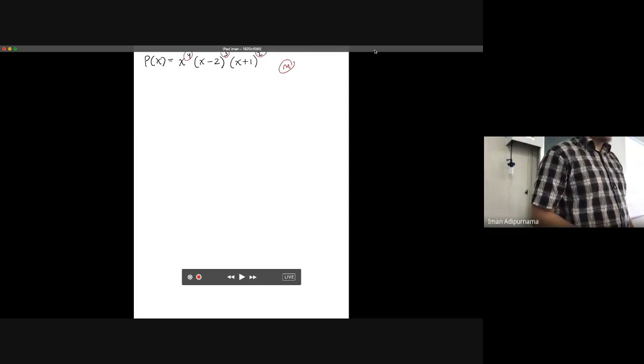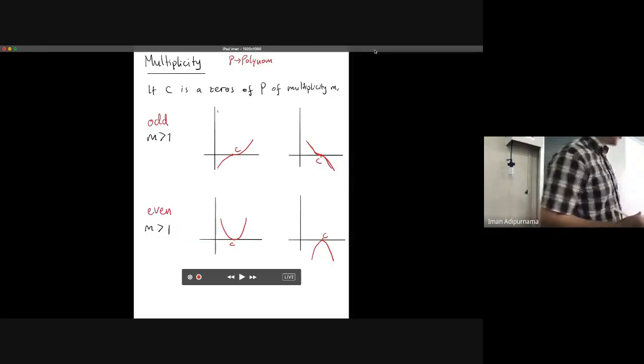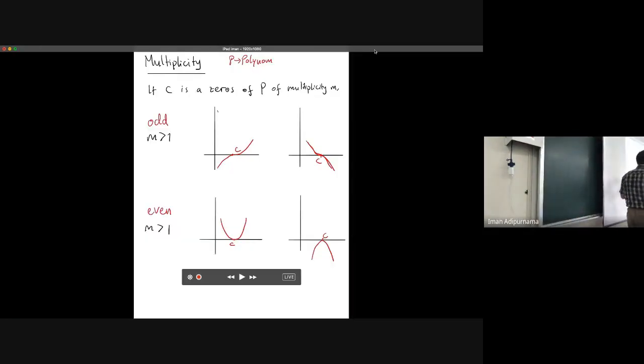So from this multiplicity, we can predict how the graph will look. Like I showed before, if you have the even functions x squared, compare it with x to the 4, x to the 6, x to the 8, and so forth, you will see it is more flattened at 0 and 1, and then it gets thinner as the multiplicity goes up.